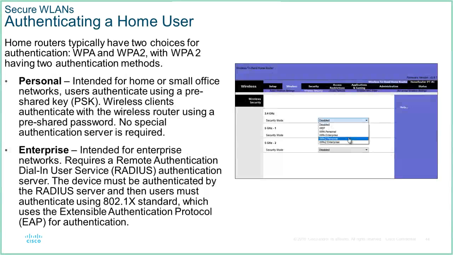The RADIUS server is providing AAA services, and the user has to have an account registered on that server, so username and passwords, just like you would on a normal system. It has to have your credentials already provided for you to authenticate against.